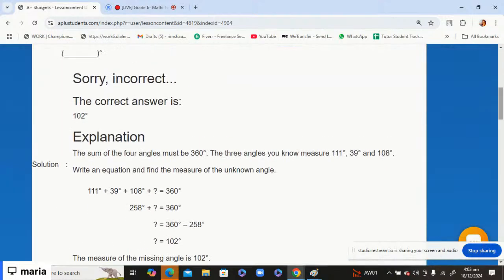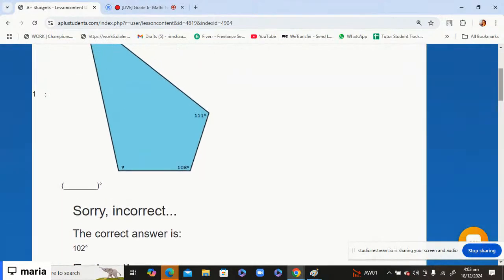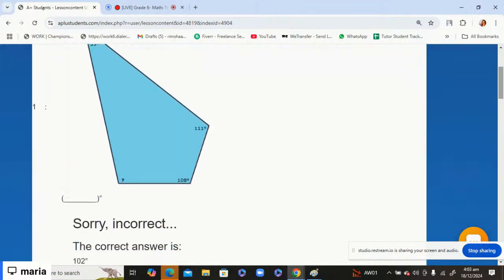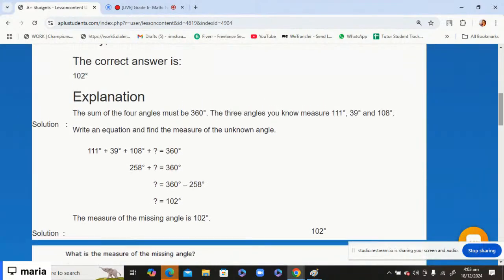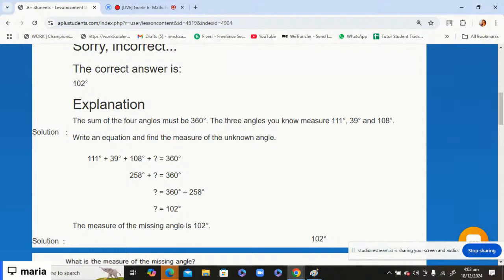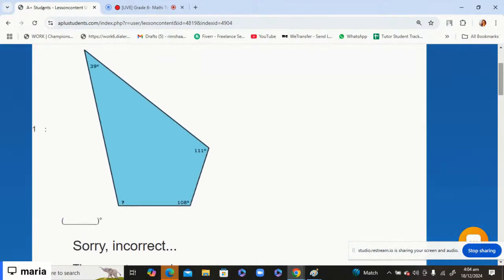Three angles are given. As we know, the sum of the four angles of a quadrilateral must be 360. So here the three angles measure 111 degrees, 39 degrees, and 108. So here is the shape that is given.